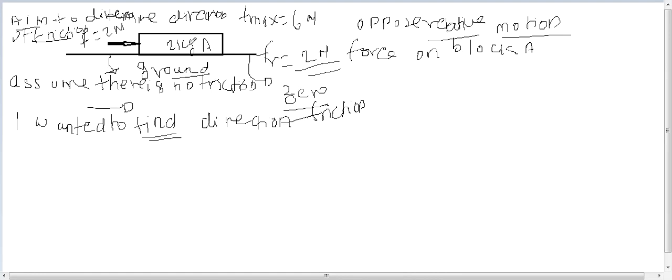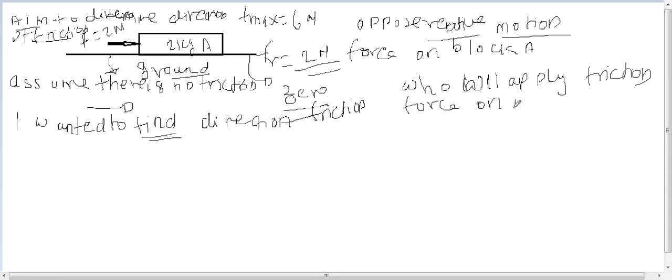Okay, who applies this friction force? The surface, the ground. So the question is, who will apply friction force on A?